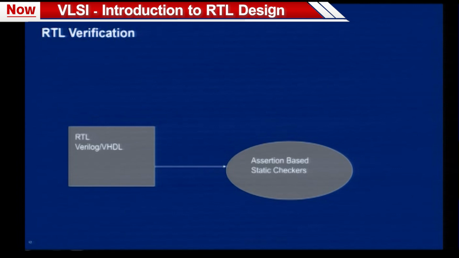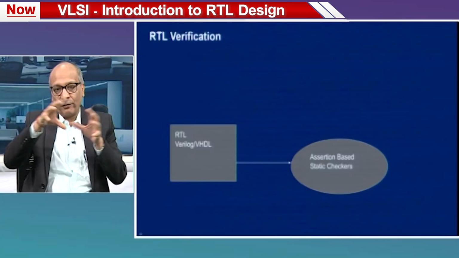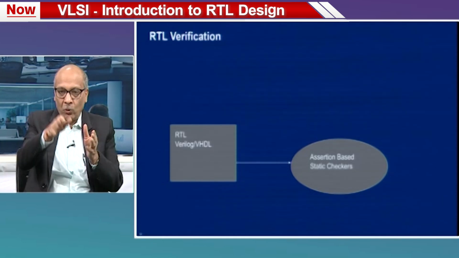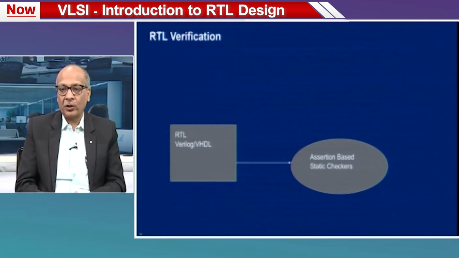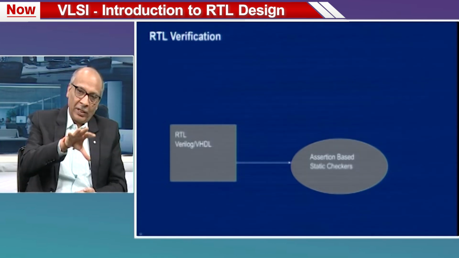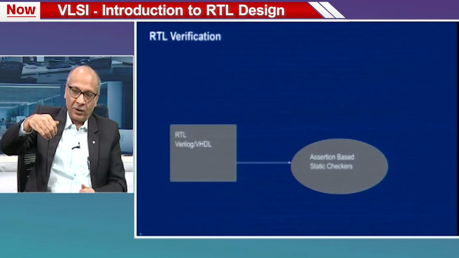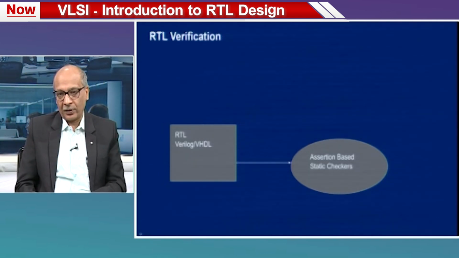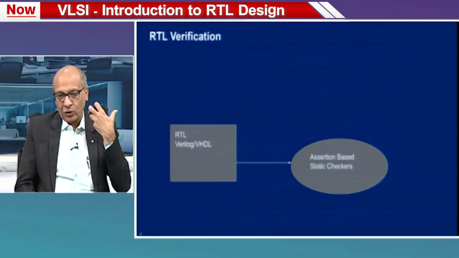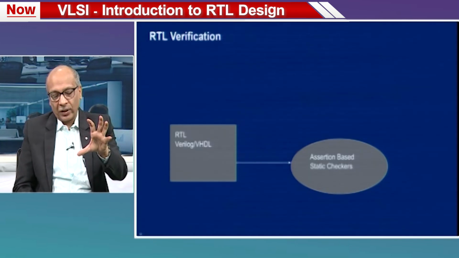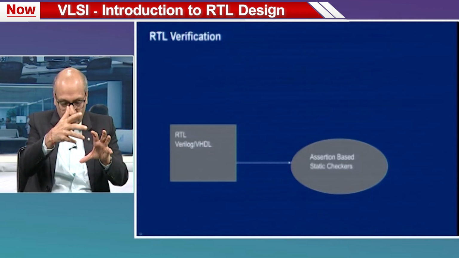So, we talked about RTL and we said we will use a test bench and we will use a simulator to verify its functionality. One more round of verification will be done using assertion based or static checkers. Okay. Here what happens is we do not provide any vectors. Linters are also called static checkers. This is because there is no simulation involved. It looks at the code and checks whether it looks right or wrong.